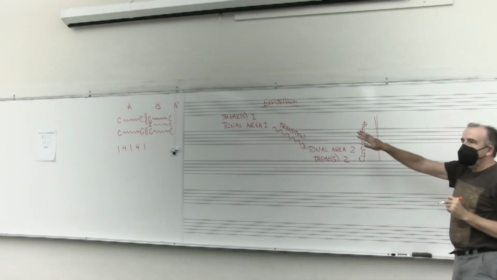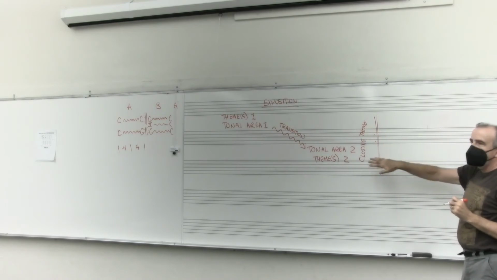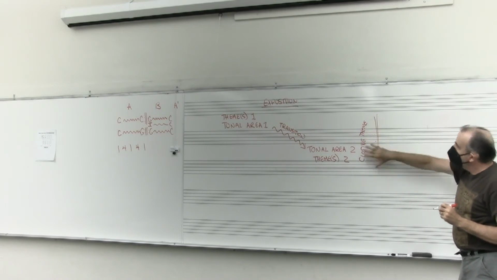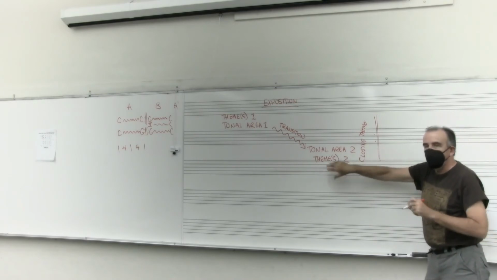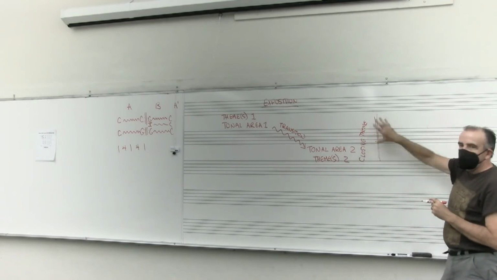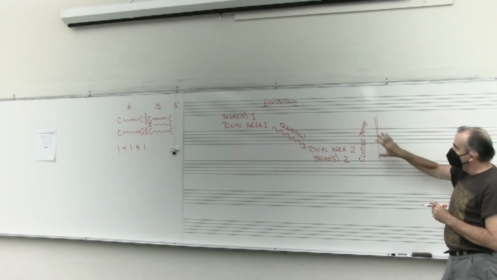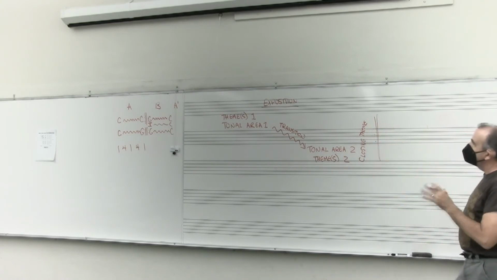We start in one key, we move to a different key and establish a different key. We establish the new key through the closing theme, which is supposed to reinforce the new key. Like we've arrived, here I'm going to tell you that we're in this new key, boom, boom, boom. And then we're done. That's the exposition.